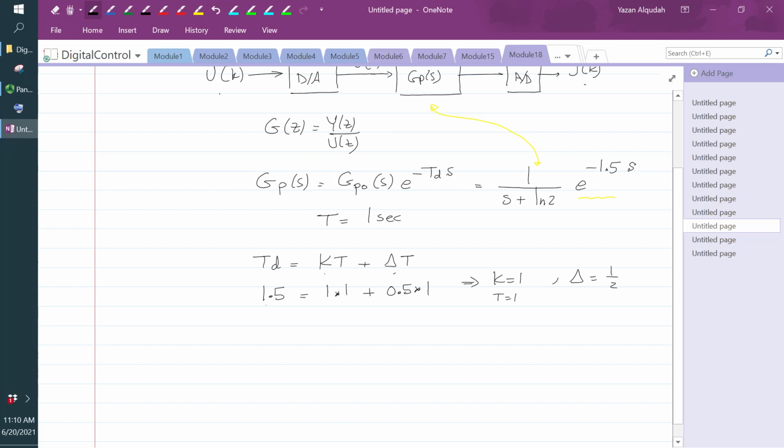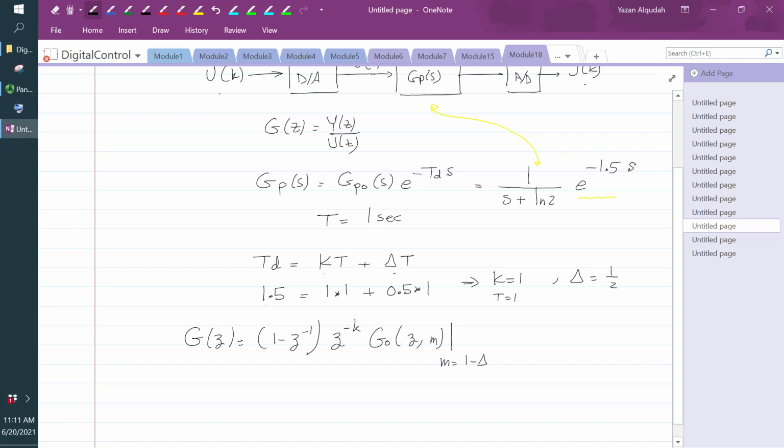Okay, so therefore g of z is going to equal 1 minus z to negative 1 multiplied by z to negative k multiplied by g0 of z comma m, where m is equal to 1 minus delta. And this g0 of z comma m is the modified z transform.